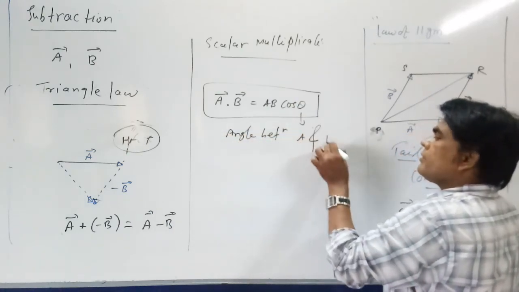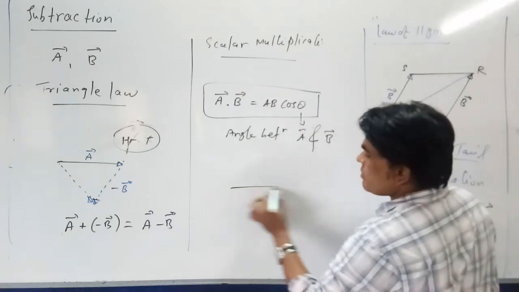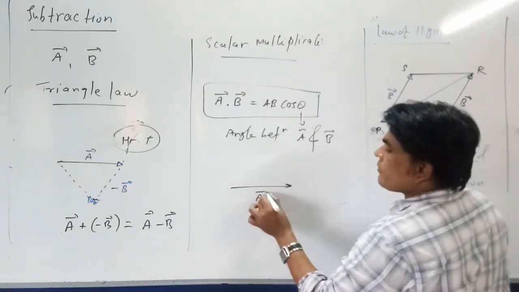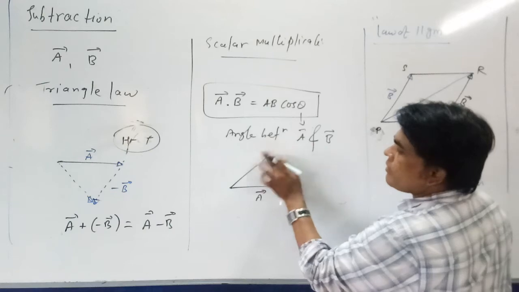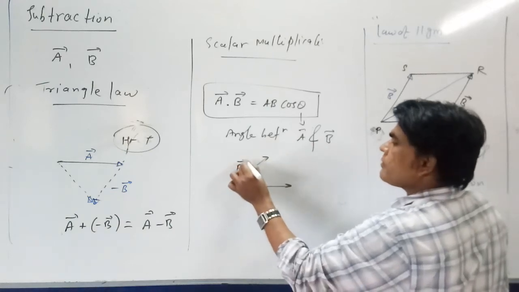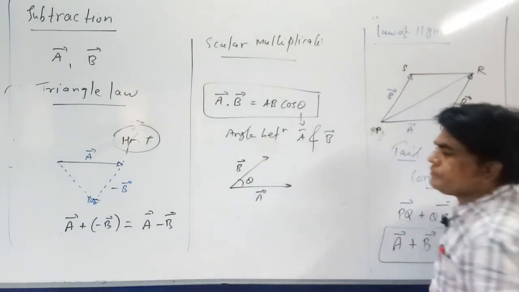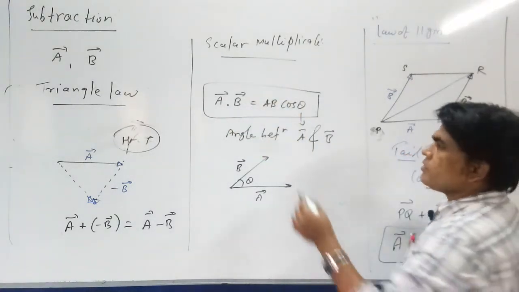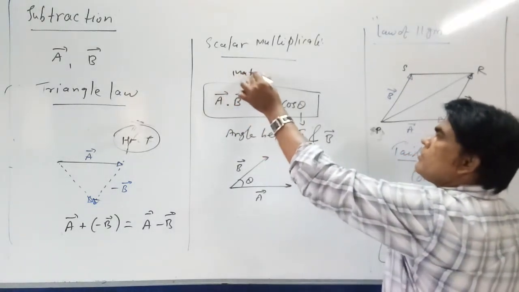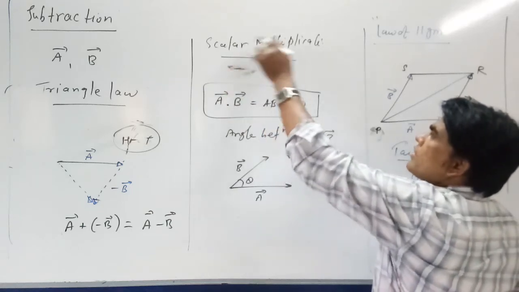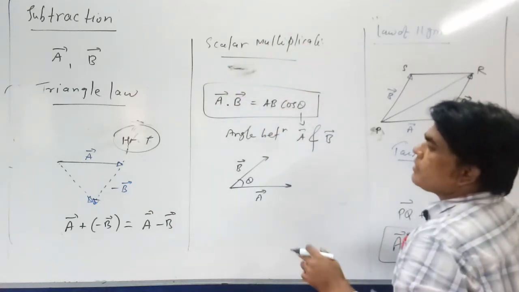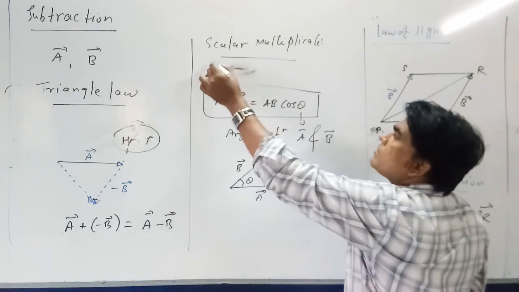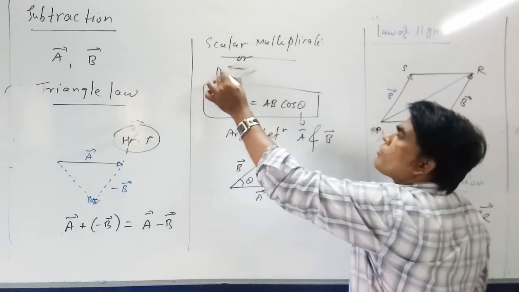A and B. It means if this is vector A and suppose this is vector B and this is the angle theta. So if you want to define this geometrically, तो ये तो हो गया mathematically. Means the scalar product of two vectors is also known as the dot product.